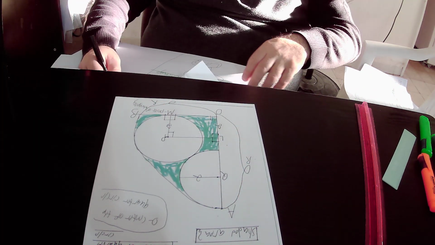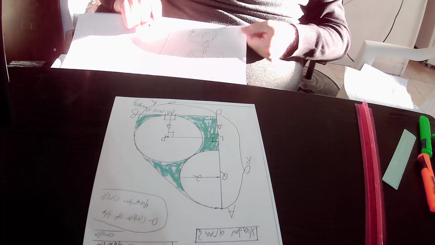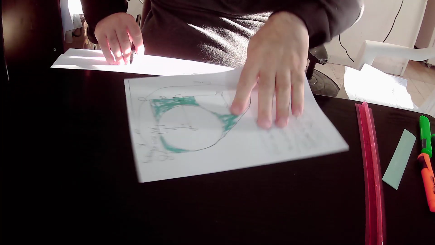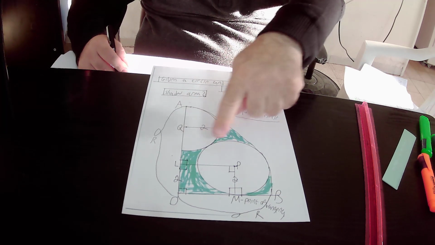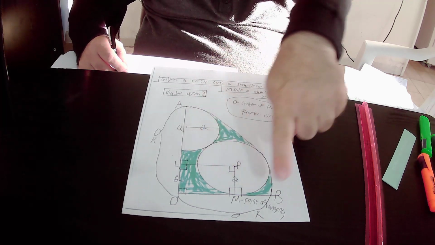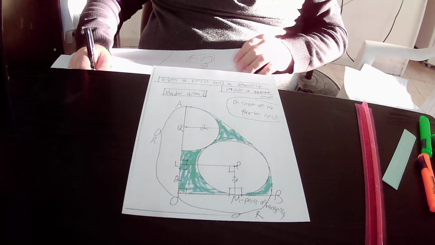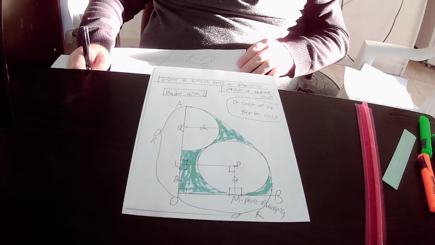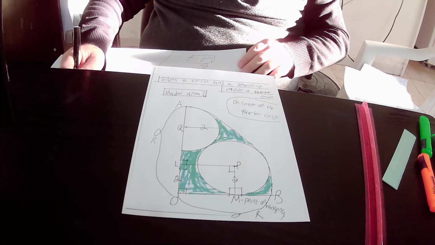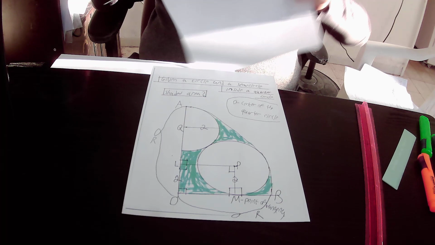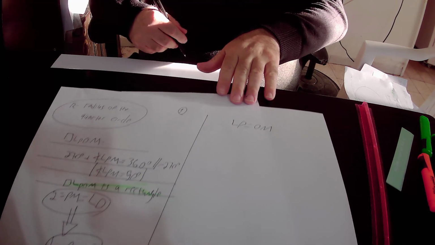Likewise, according to the same rule that the opposite sides of a rectangle are equal to each other, we get that side LP equals side OM. Side LP equals side OM.